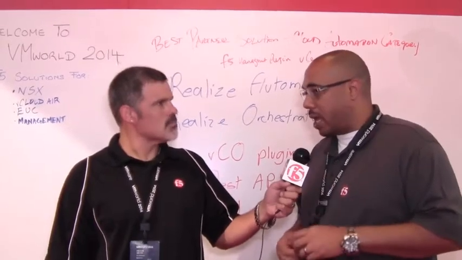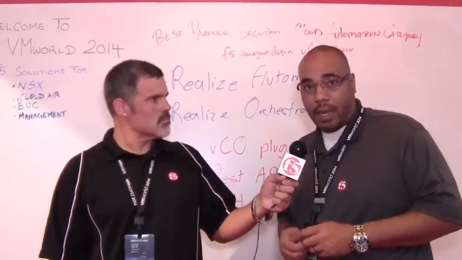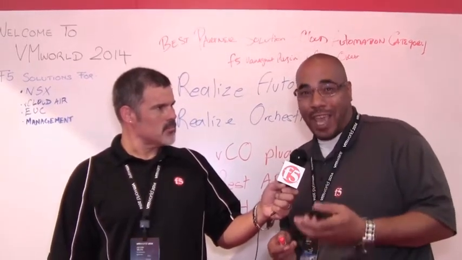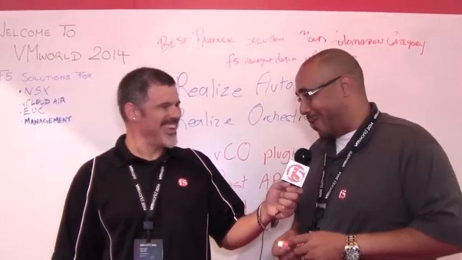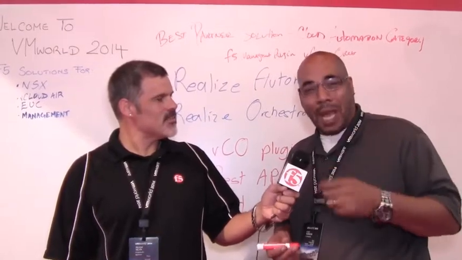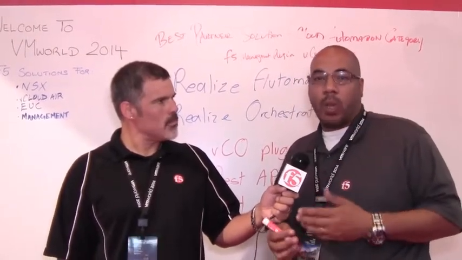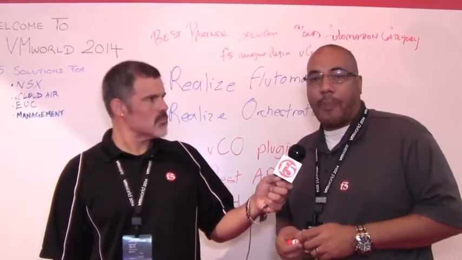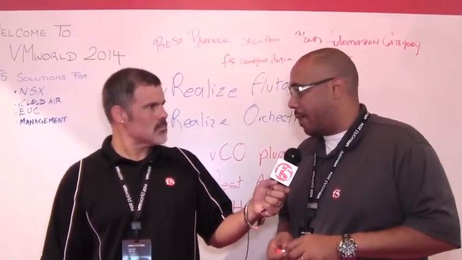So F5 has written a custom VCO plugin. It used to be called VCO. It's now VRO as of 2 days ago. That plugs into that ecosystem and will allow you to do some of the basic functions on an F5 BIG-IP, your day-to-day operations and management tasks on a BIG-IP.